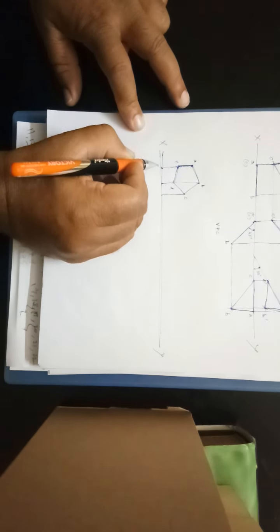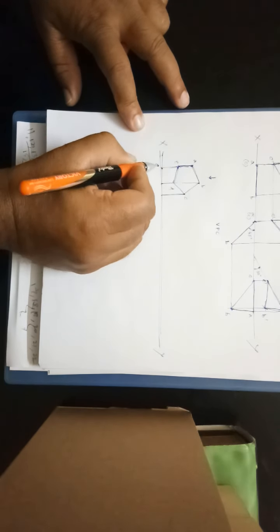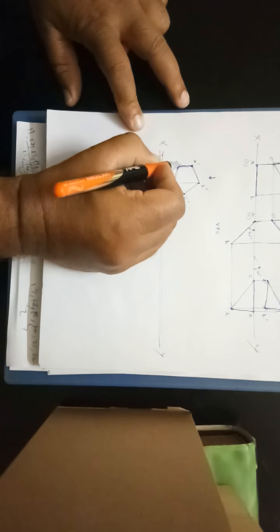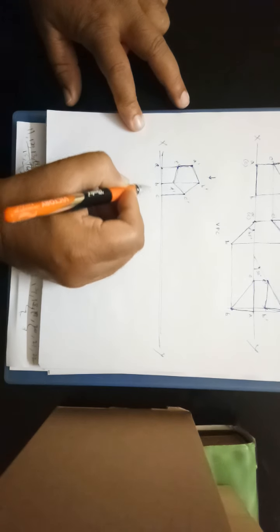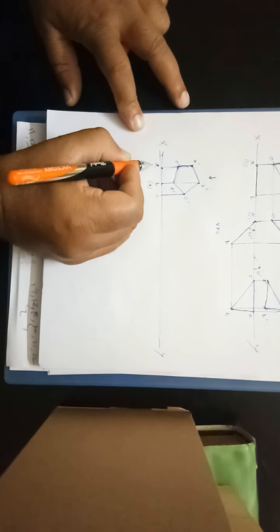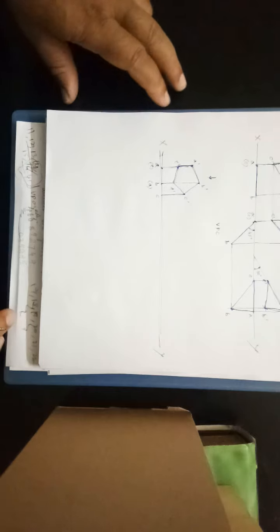So this is A, which is visible from the top. This is A dash, B dash, C dash, D dash and E dash. A is visible, B is visible, C is visible, and here D is invisible, so it is in brackets. E is invisible, so it will be in brackets.